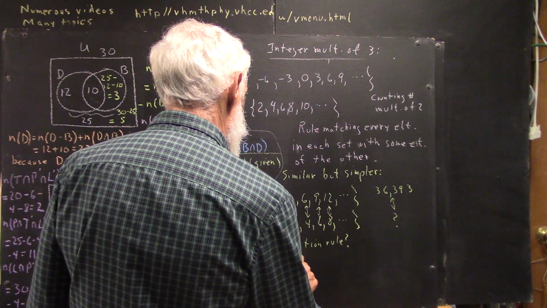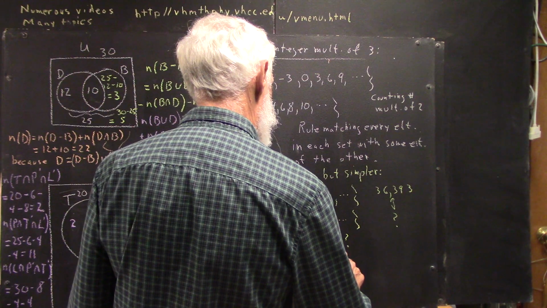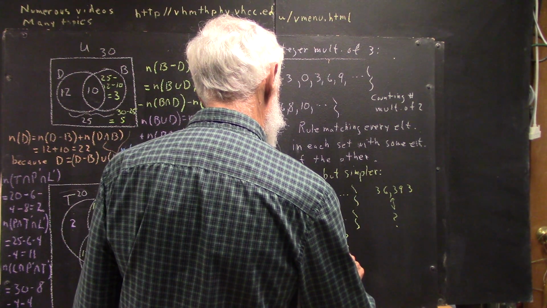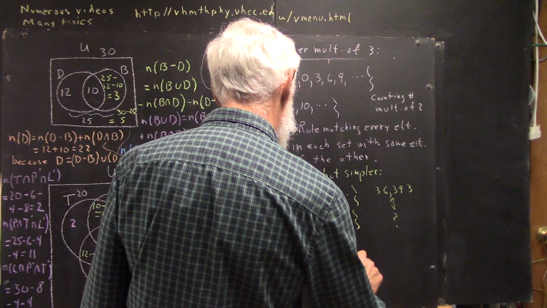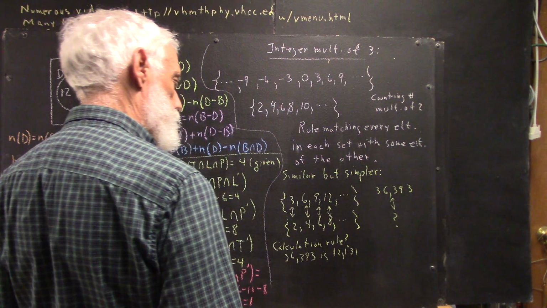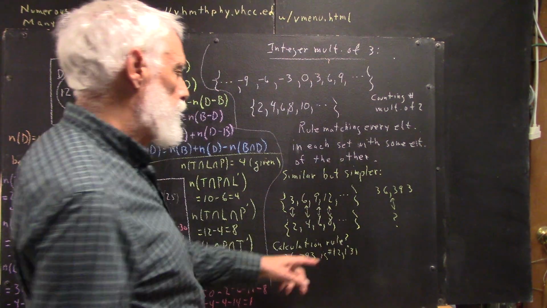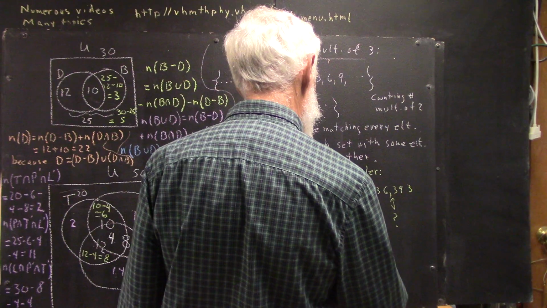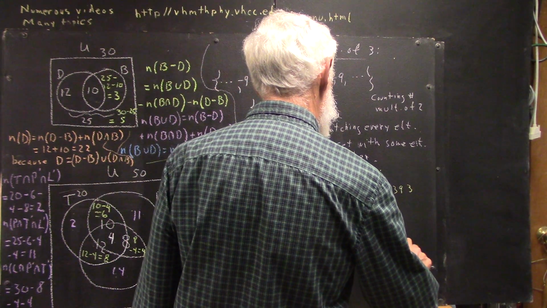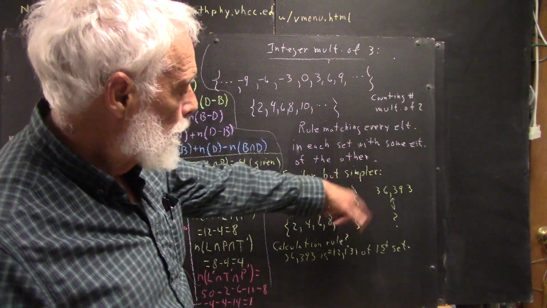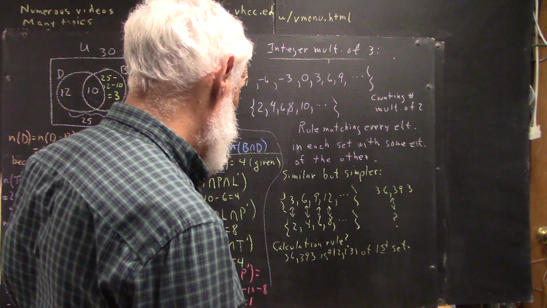So 36,393 is number 12,131 in the first set, because if I divide this by 3, I find out what its position is within the set.